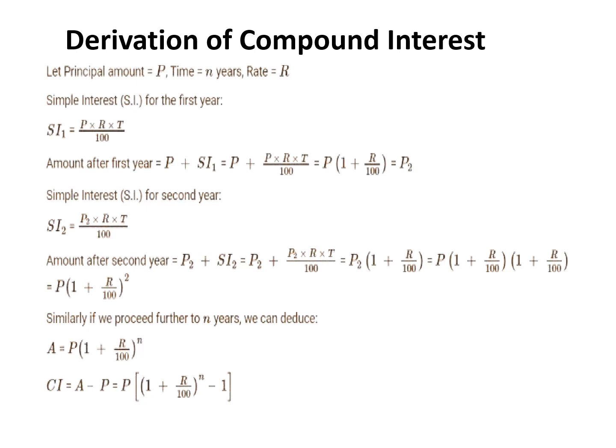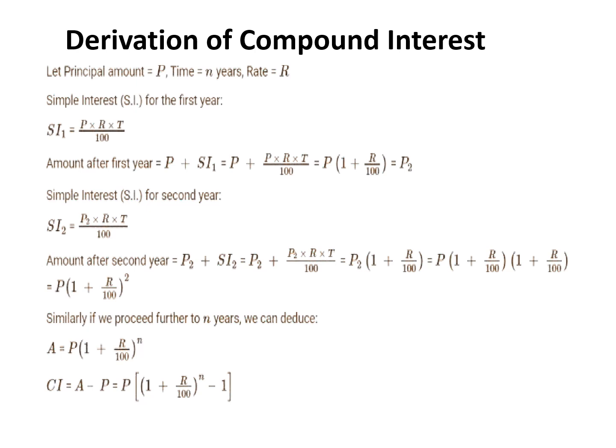So we got principal amount for the first year is P2 plus simple interest for second year formula, just substitute here P2 into RT by 100, and again take P2 as common, 1 plus R by 100, which is equals to, if you go back and look into the P2 value, P into 1 plus R by 100, just substitute here instead of P2.